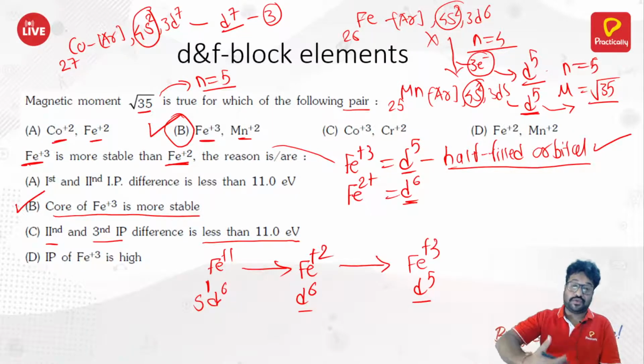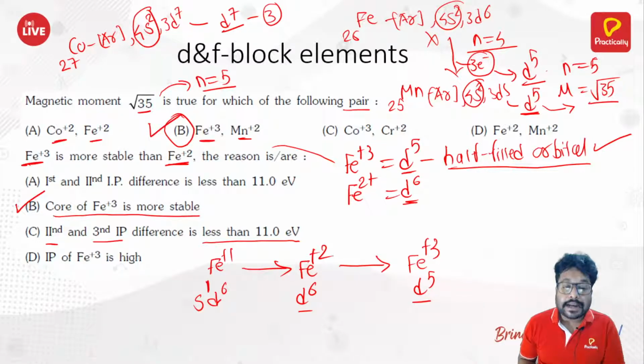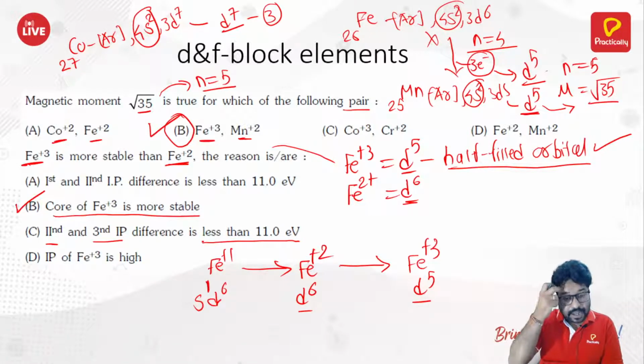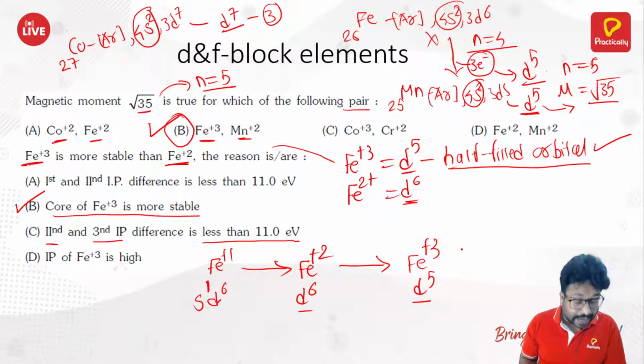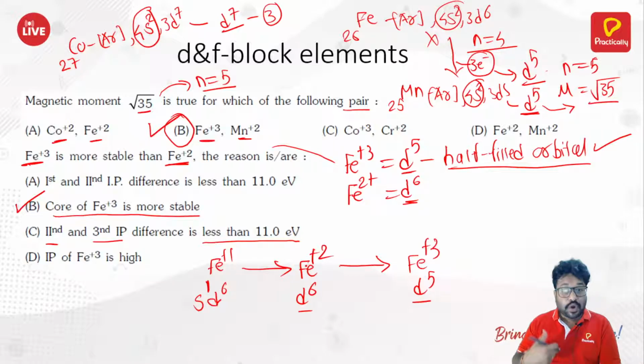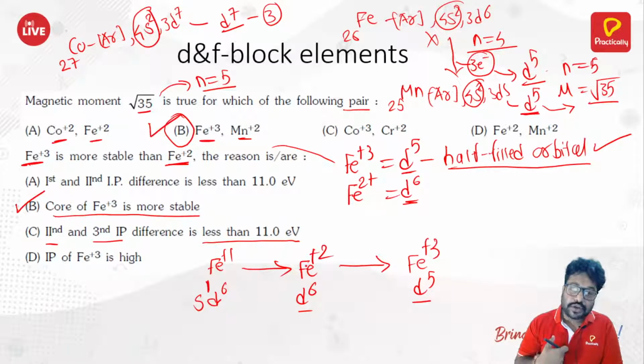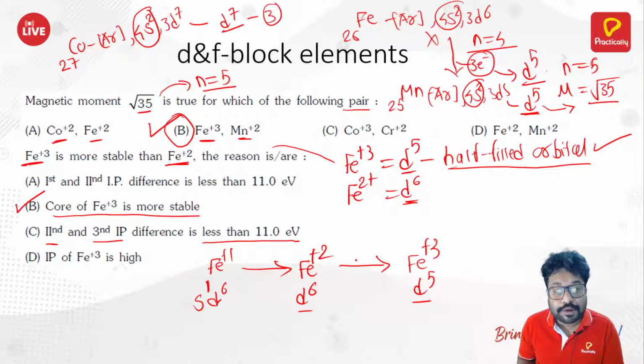Now, generally, as far as energetics is concerned, when you are moving towards a higher oxidation state, the ionization energy goes on increasing. But in this case, when you are going from Fe plus 2 to Fe plus 3, the system knows that it is going to a more stable oxidation state, so it prefers to go immediately from here to there.